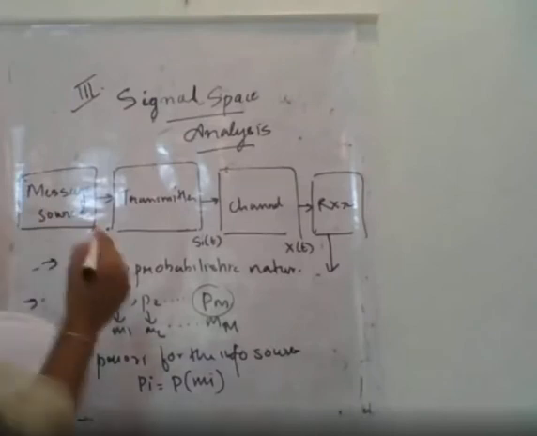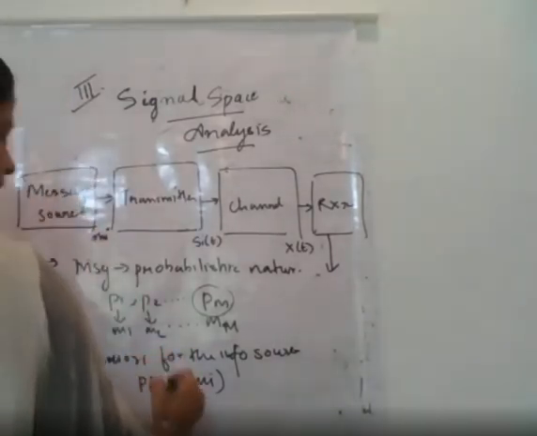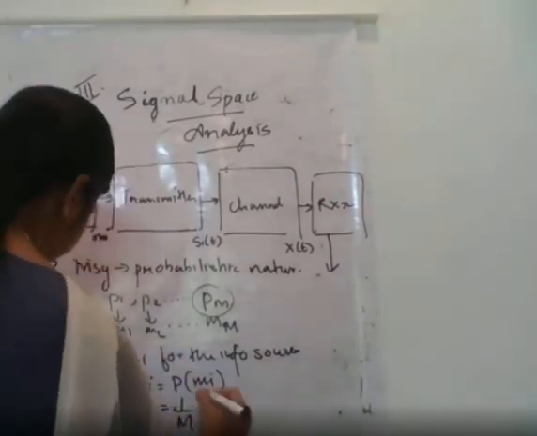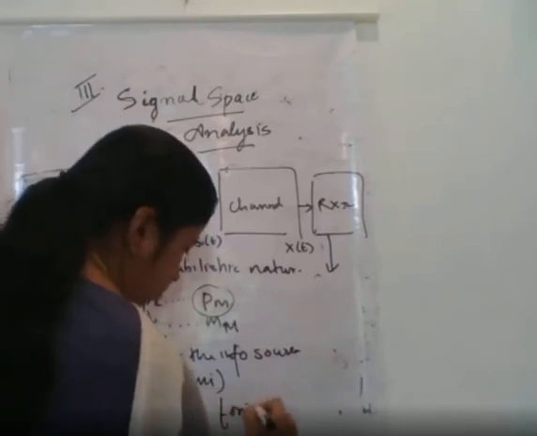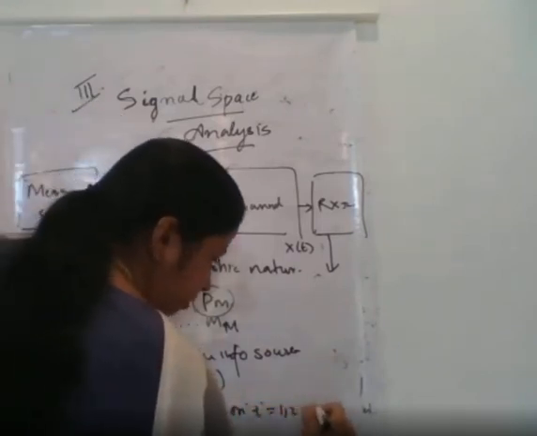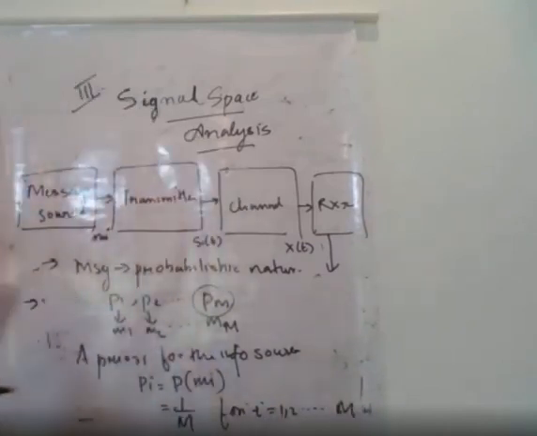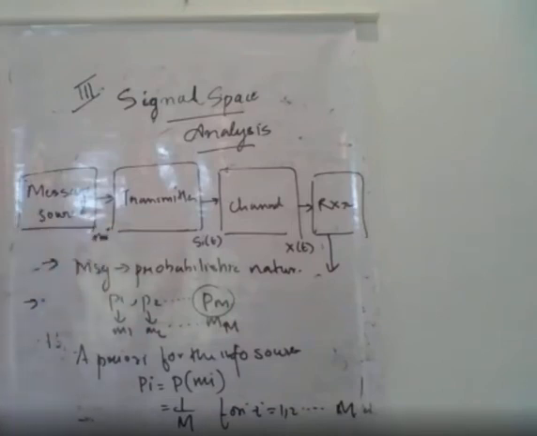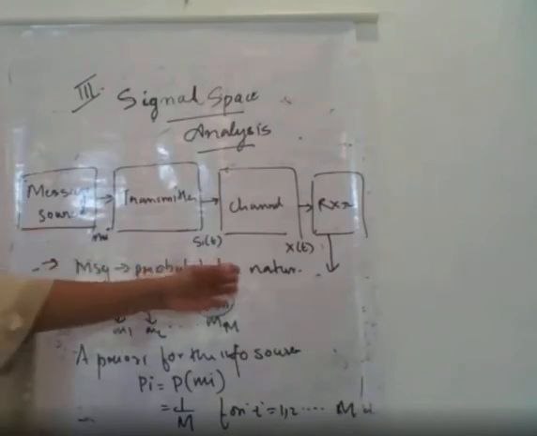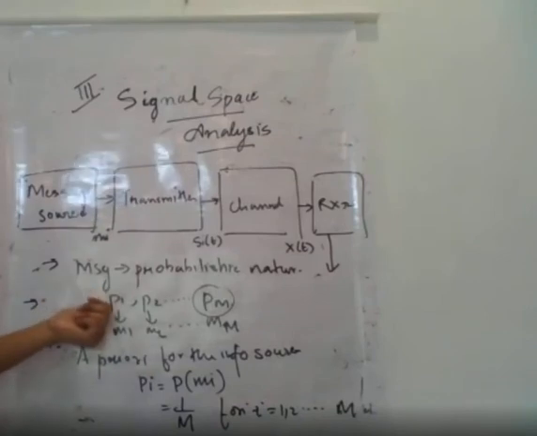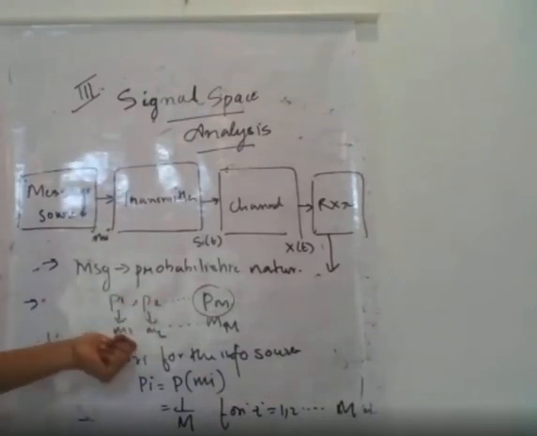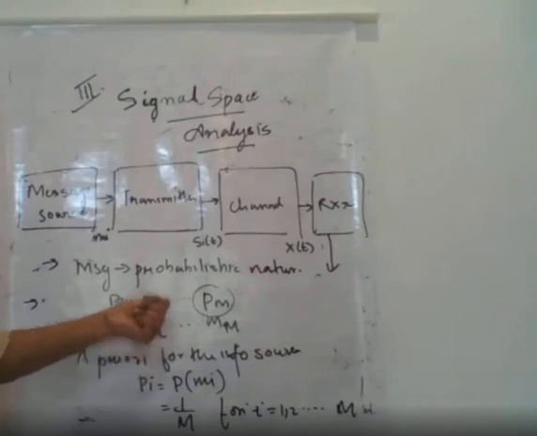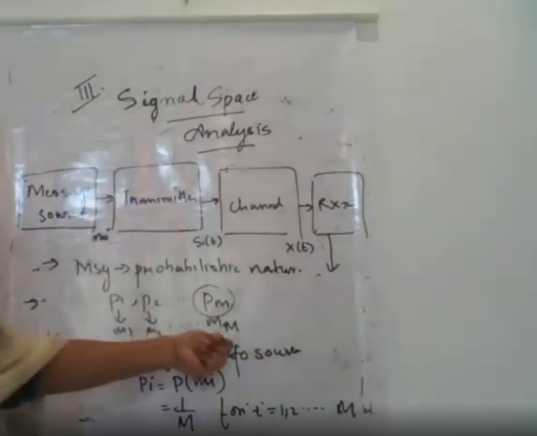So P of Mi is nothing but 1 by M, for i equal to 1, 2, 3, etc. to M. The message source emits a symbol every T second, and that output is given to the transmitter. The transmitter message is probabilistic in nature, so it has prior probabilities P1 corresponding to the M1 symbol, P2 corresponding to the M2 symbol, and PM corresponding to the MM symbol.